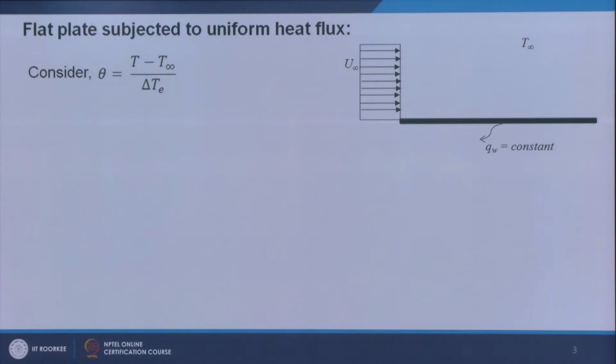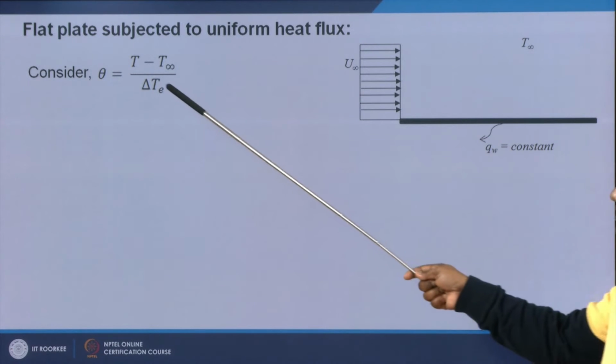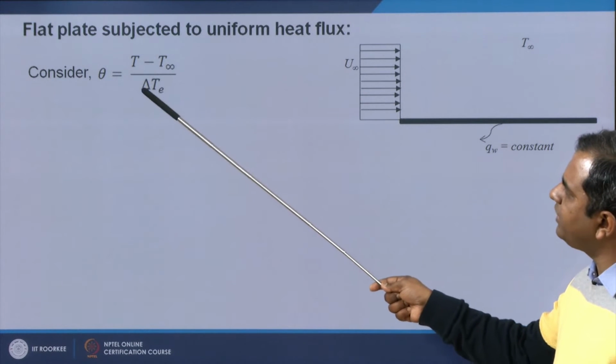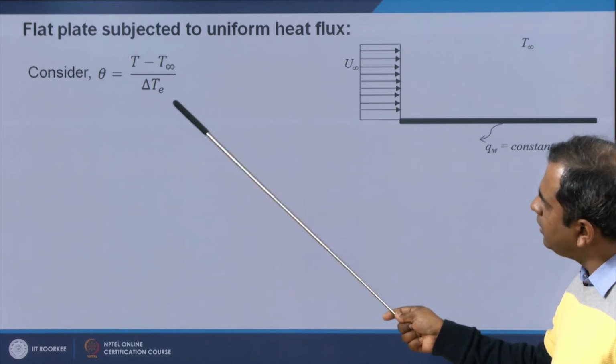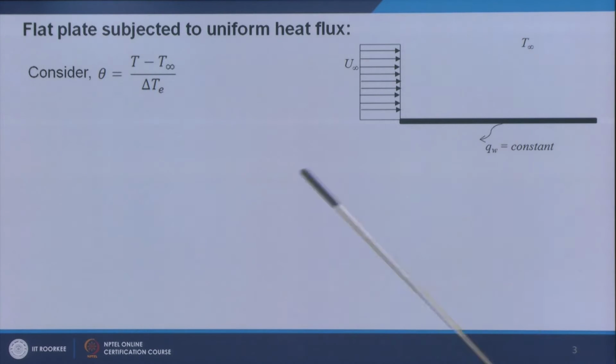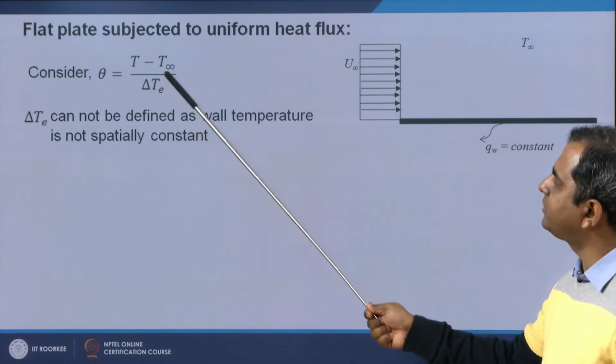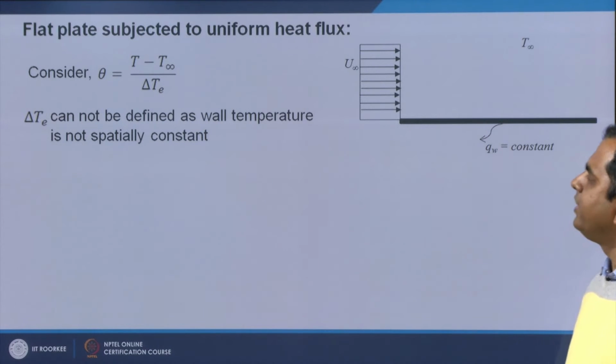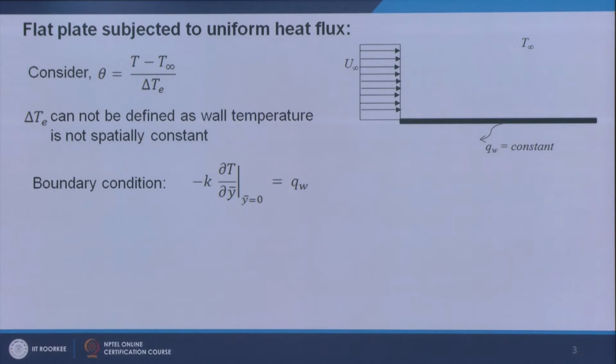So let us consider that we have to non-dimensionalize the temperature. Earlier we did T minus T infinity by some temperature drop. Earlier it was Tw minus T infinity, but in the absence of Tw, my concern is what will be this delta Te. So let us try to find that out.